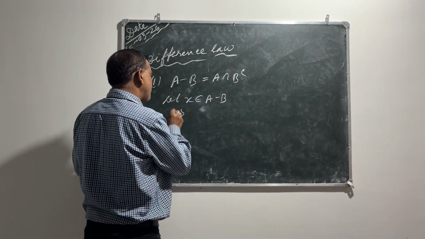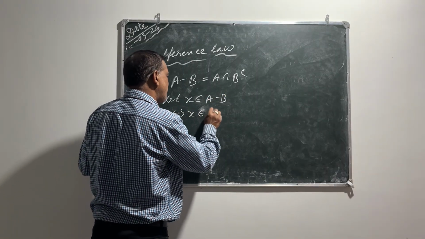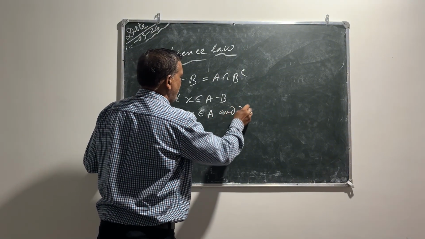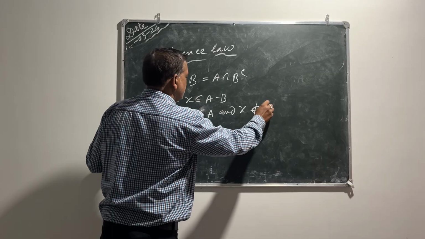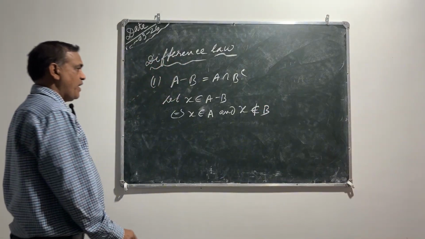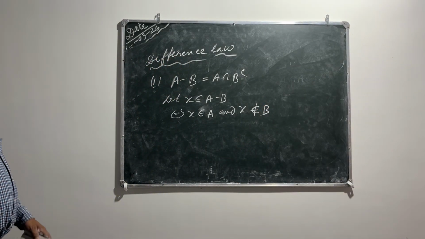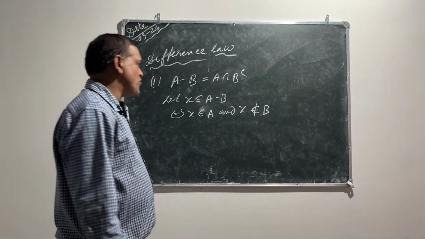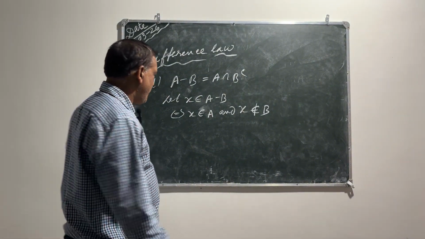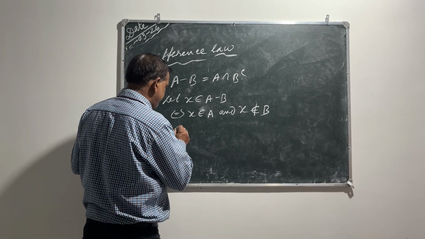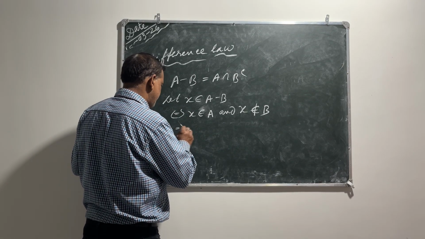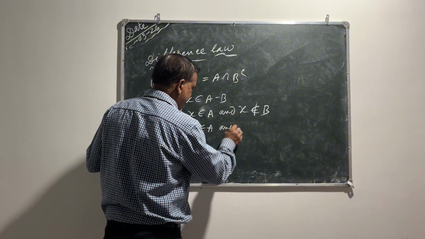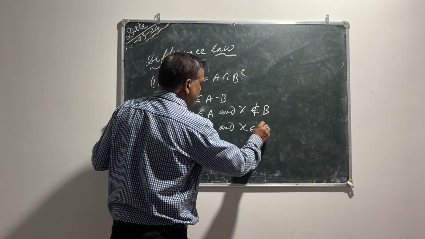That implies X belongs to A and X doesn't belong to B. X belongs to A but not to B. A minus B means X belongs to A but not in B. That is, X belongs to A and X belongs to B complement.